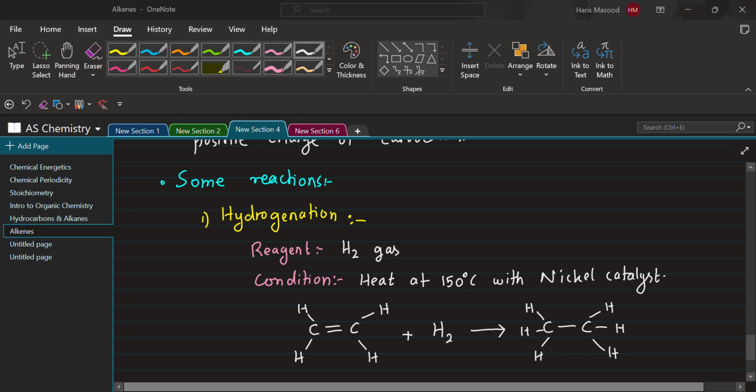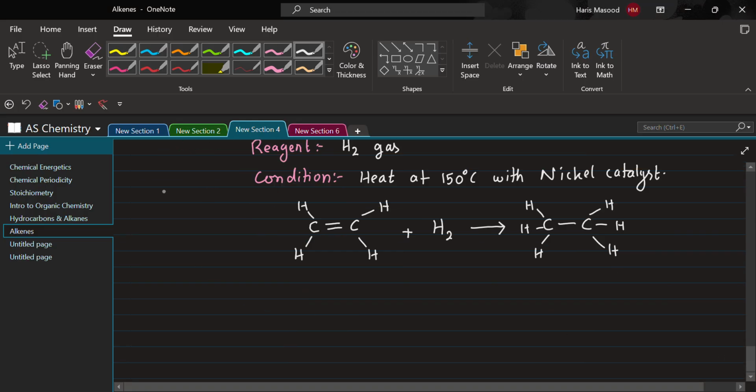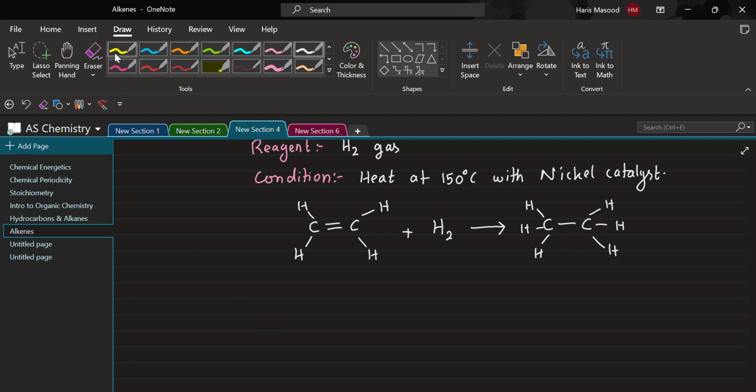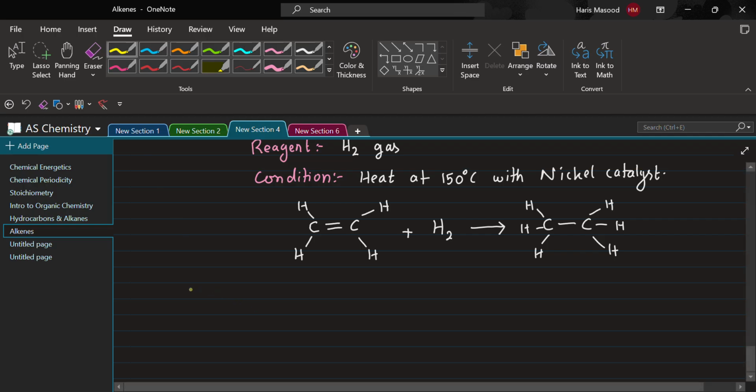That is addition of steam, that is hydration. For hydration you have reagent and conditions again.